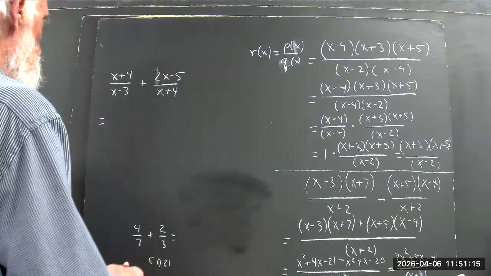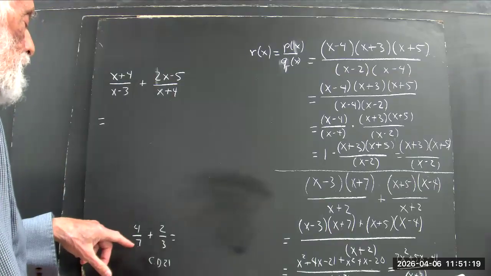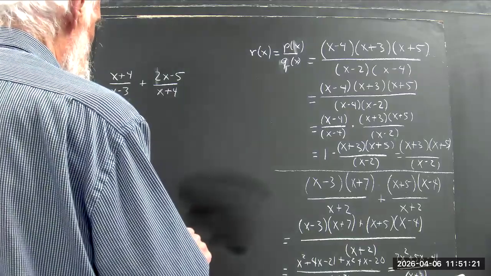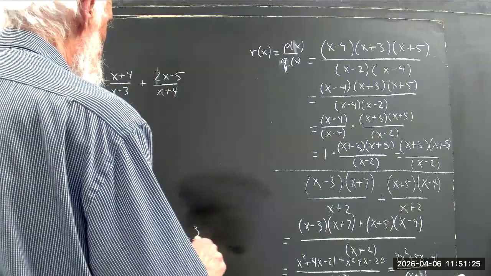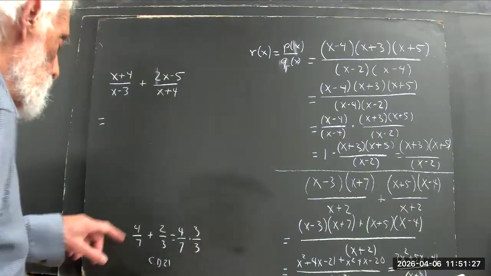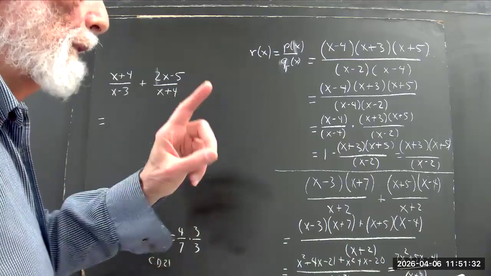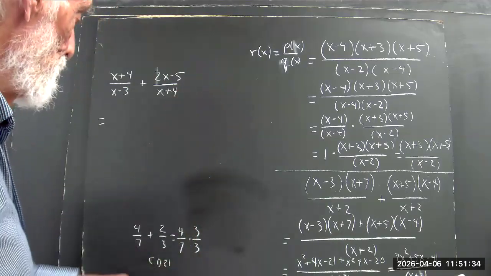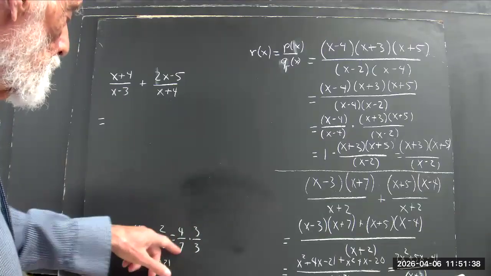Just make a note of that. My denominator of 4/7 is 7, but I can get an equivalent fraction by multiplying 4/7 by 3/3, because 3/3 is just another way of writing 1.